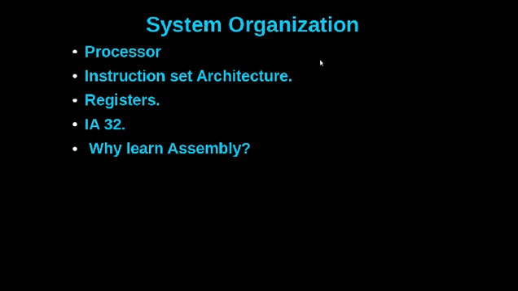The system organization we had, remember, we had a processor, a CPU. Each processor or each CPU has an instruction set architecture, ISA. Usually I declare it this way: think of it as the vocab of the processor. It's the instructions that a processor recognizes.